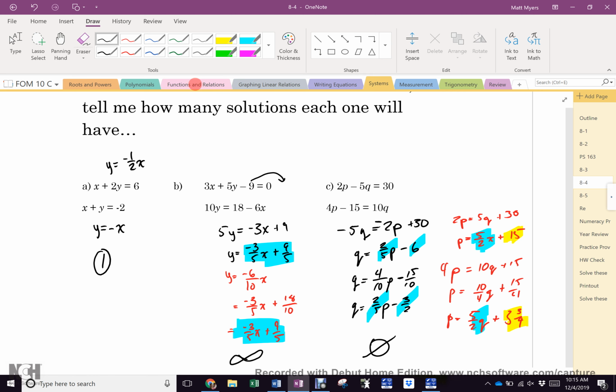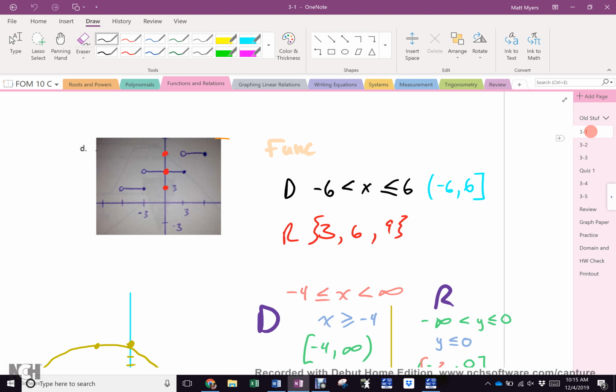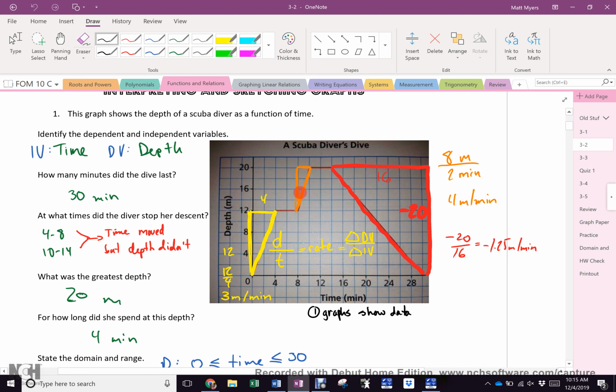Even if we go all the way back to functions and relations, when we first did graphing, weren't we finding slope? But we were calling it rate of change because it wasn't a slope. This was specific. It was meters over minutes. So it wasn't just x over y, right? But in general terms, no matter what, it's dv over iv, right?